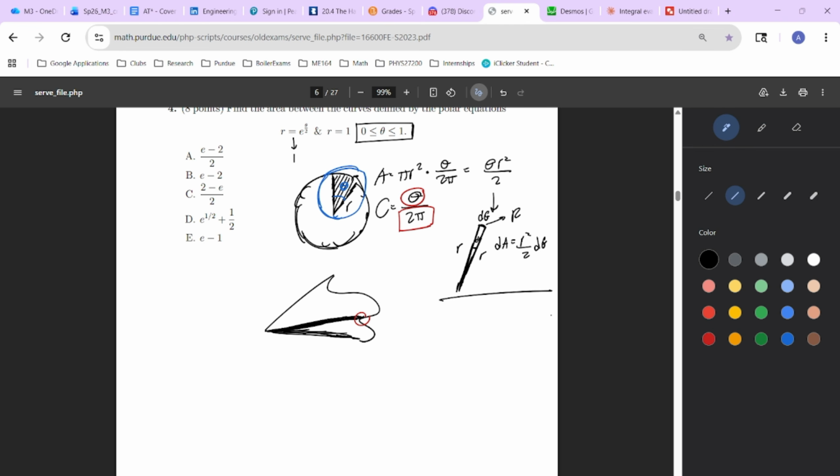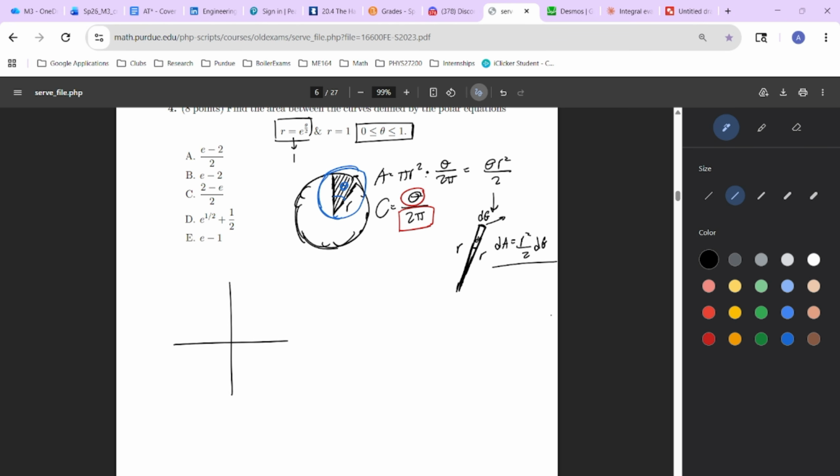That's pretty much it. So we're going to use dA is equal to r squared over 2 d theta to calculate the area of any polar curve that we need to find. In this case, we're looking for the area of a polar curve r is equal to 3e to the theta over 2, and r is equal to 1.